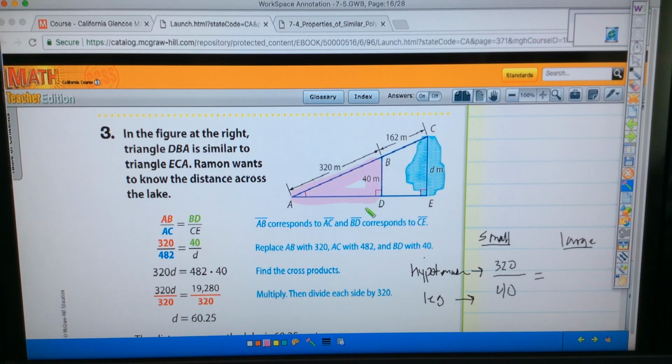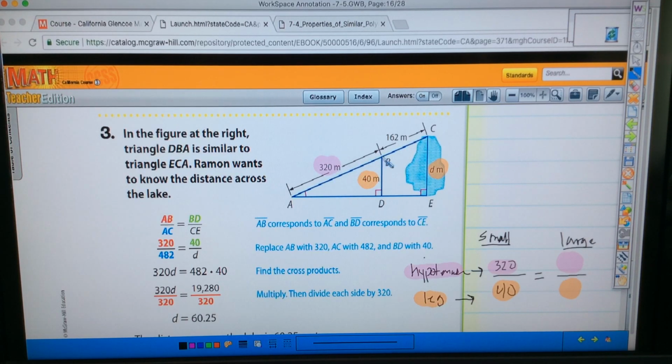Okay, so I'm going to put the hypotenuse in pink, and I'm going to put the leg in orange. The leg in orange.